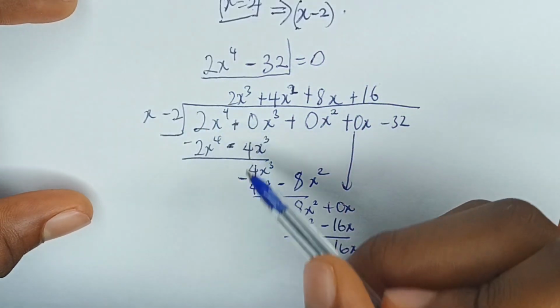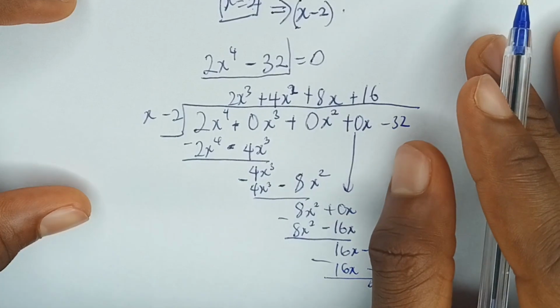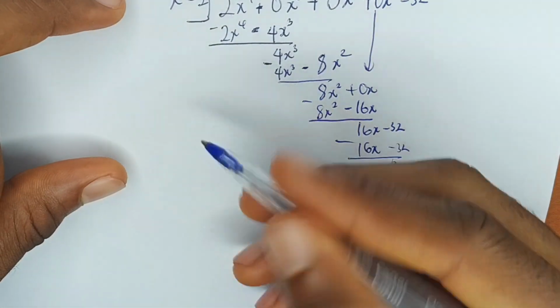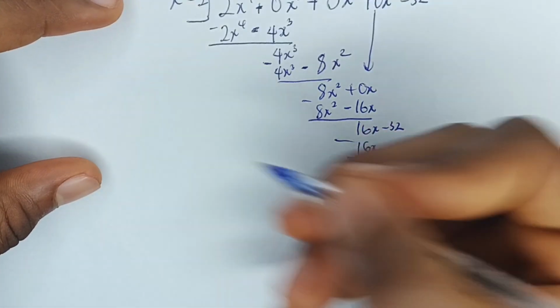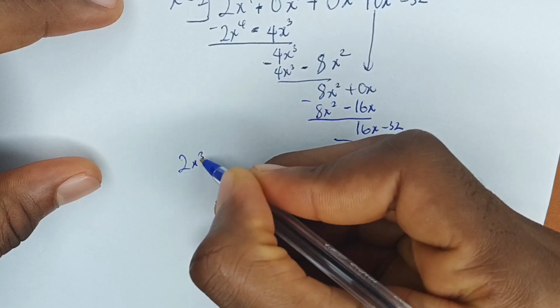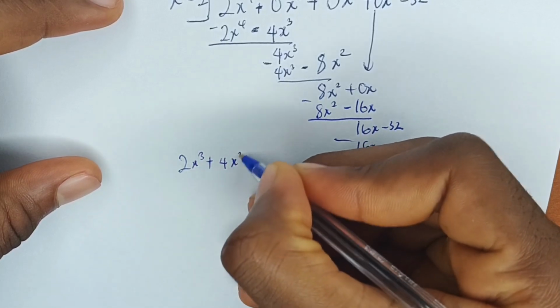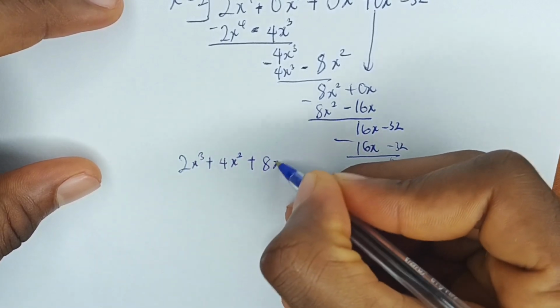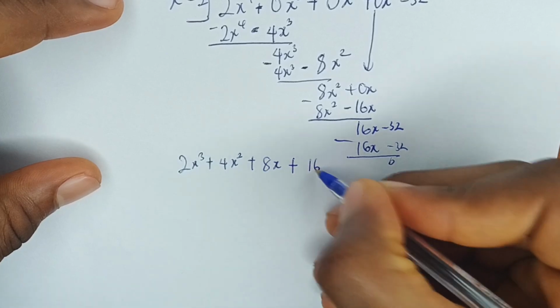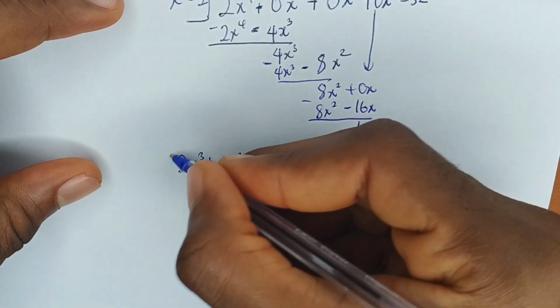Hence, from this long division, we can now conclude that this other factor is 2x cubed plus 4x squared plus 8x plus 16 is equal to 0.